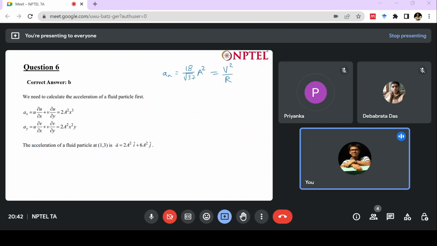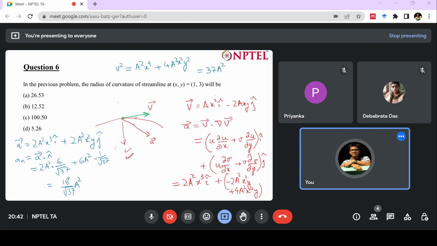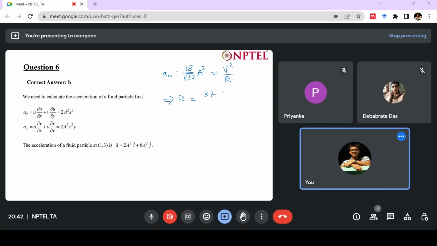Yes, sir. So you can put it here. So what we want is r. R is asked. So v square is 37 a square, and this is 18 divided by root 37.